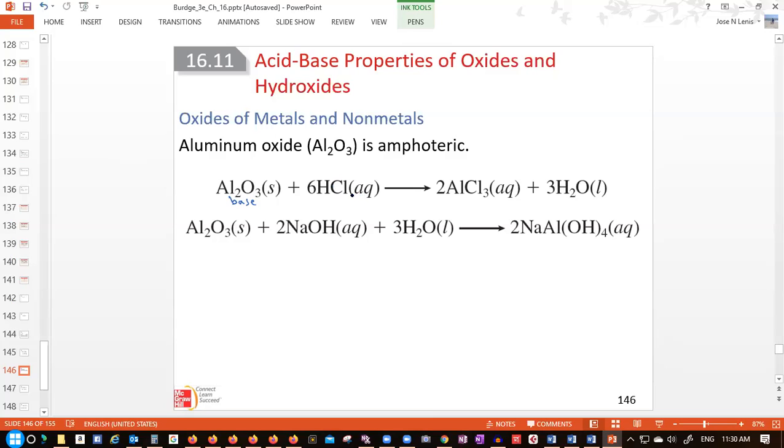But also, on a different reaction, aluminum oxide is placed with a strong solution of a strong base, sodium hydroxide. And there's also a reaction. We recognize this is a base, a strong base, and this aluminum oxide is reacting with the base. That means here, the aluminum oxide is an acid.